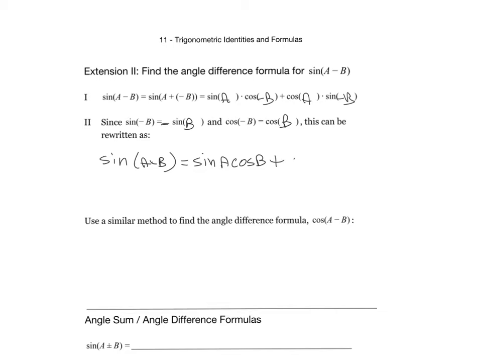Now cosine of A is cosine of A. And sine of negative B is negative sine of B. Now I've written this a little kooky because this turned into negative sine of B. Now this isn't cosine of A minus sine of B, it's cosine of A times negative sine of B, which means we should rewrite this one last time.